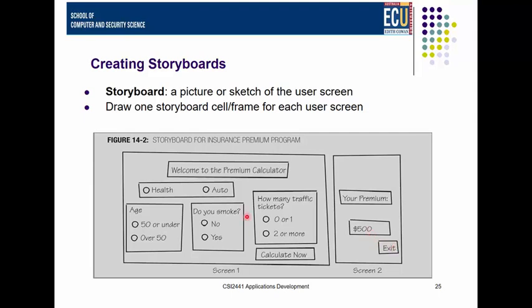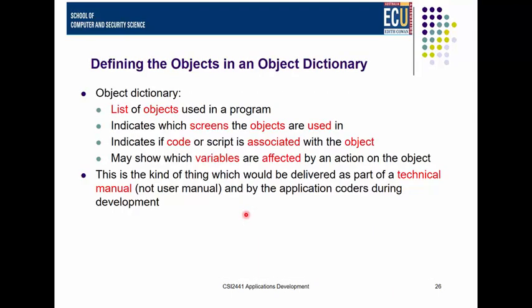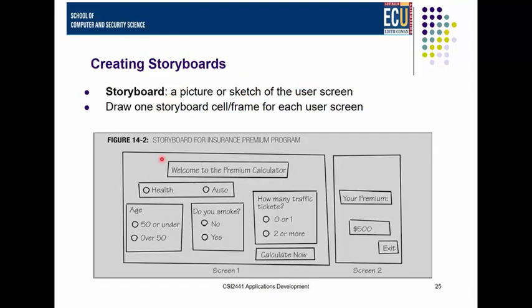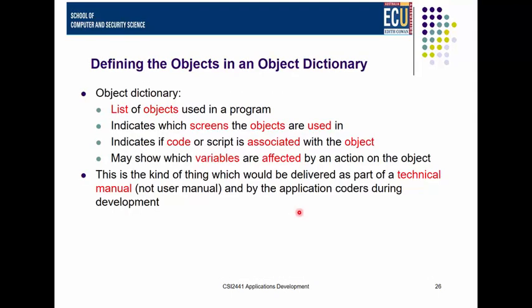So in short, we identify these screens. Then we have to identify the objects. If you look over here, these are the basic objects, the controls we want to use in our application. Like the data dictionary, which we use to build our database, we have an object dictionary to build our logic and our graphical user interfaces.